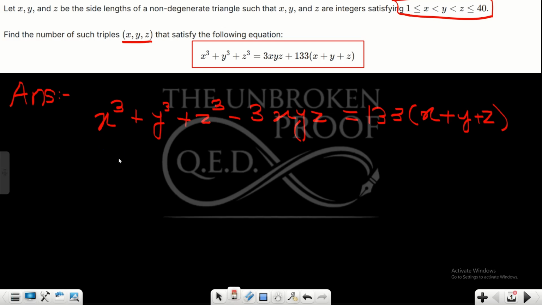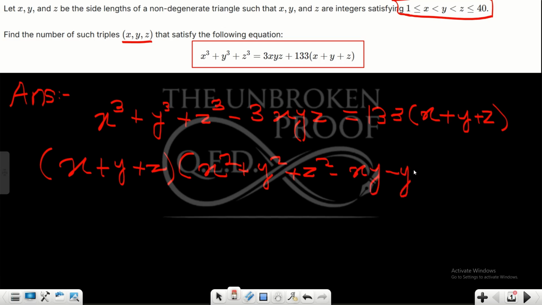Because we have three forms: one is the x cube form, another is xyz, and another is x plus y plus z. So if I write this algebraic identity, hopefully this will be a familiar one for you. It is x plus y plus z times x square plus y square plus z square minus xy minus yz minus zx. Now this should be equal to 133 times x plus y plus z.